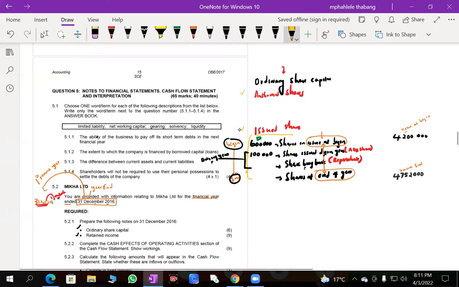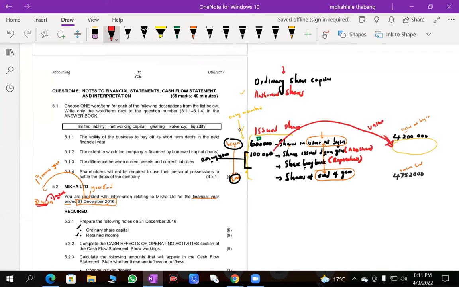What we write on this side is only numbers. It has nothing to do with money. It doesn't have to do with cash. But on this side, we need the value. How much is the value of these 100,000 shares?